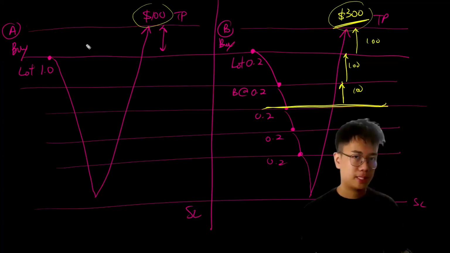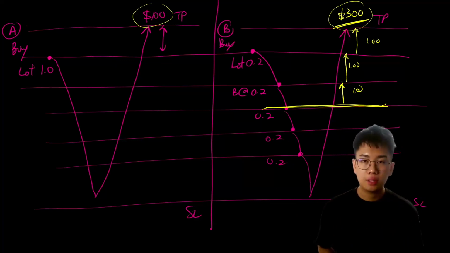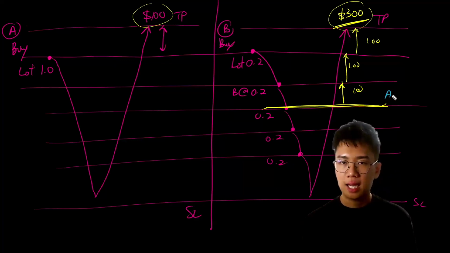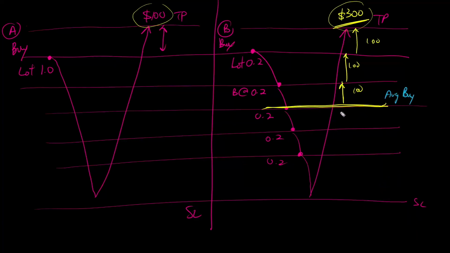How about the stop loss side? What happens when all of the trades of B enter into a stop loss? What will happen to B? Because B, this is the average buy. When they come down, it loses here, loses here, loses here. So it's like a net loss of 100, 100, 100. So it is losing $300 here.